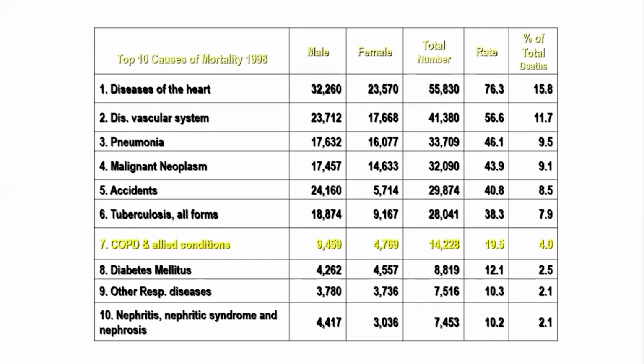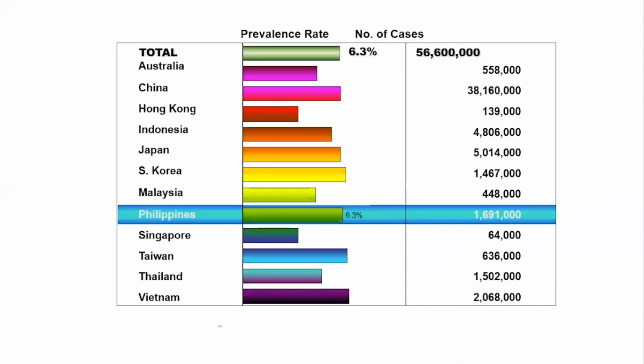Well, this is an old slide just showing to us that chronic obstructive lung disease and allied conditions was number 7 in terms of the top 10 causes of mortality in our country. Well, this is also an old slide telling us that in the Philippines, years ago, the prevalence rate of COPD is around 6.3%.